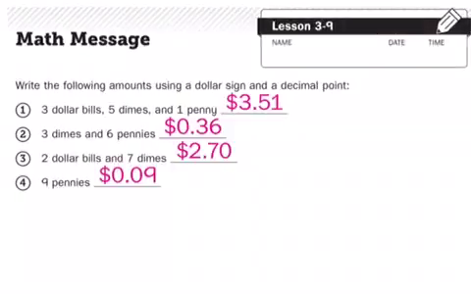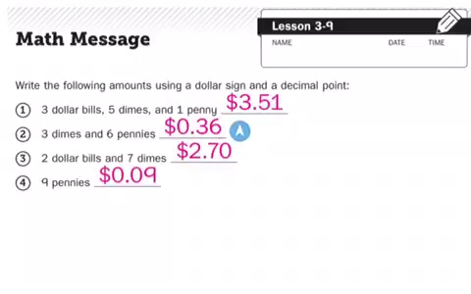Okay, so here you see that for number 1, we've got $3, 5 dimes, and 1 penny. $3 and 51 cents. That's how you would say that. Then the next one, 3 dimes and 6 pennies, is 36 cents. So even though you write the dollar sign the way you have it, this is perfectly right.